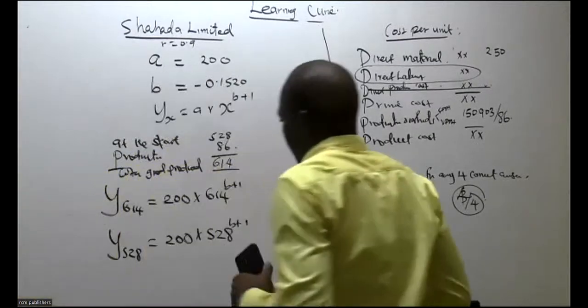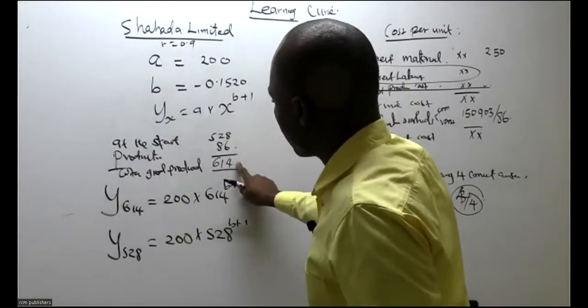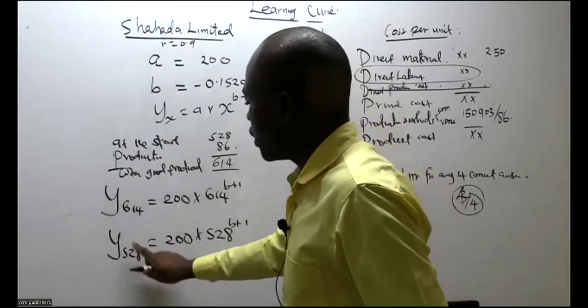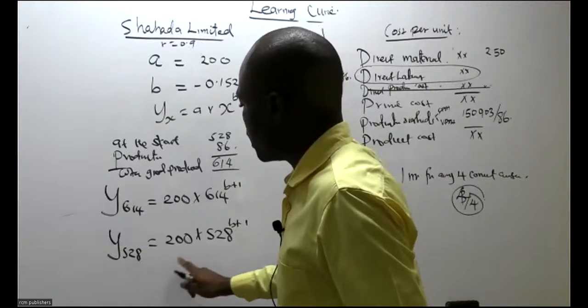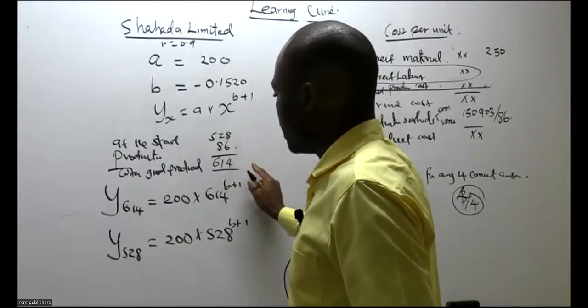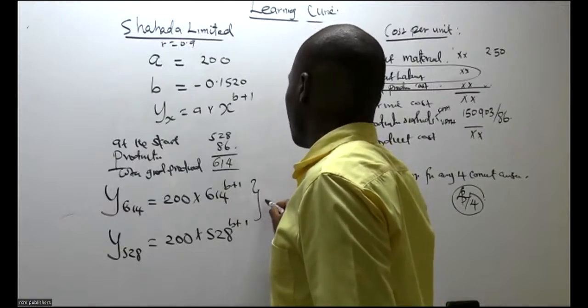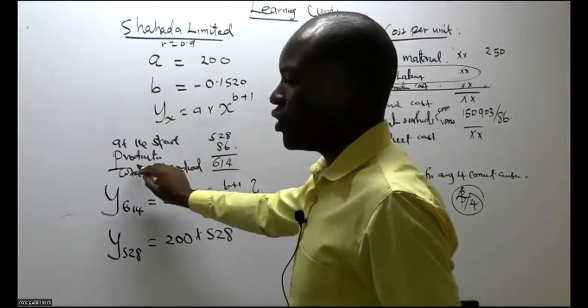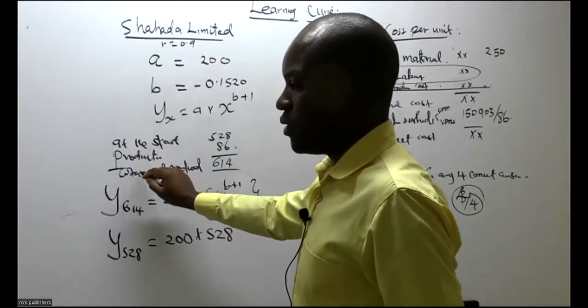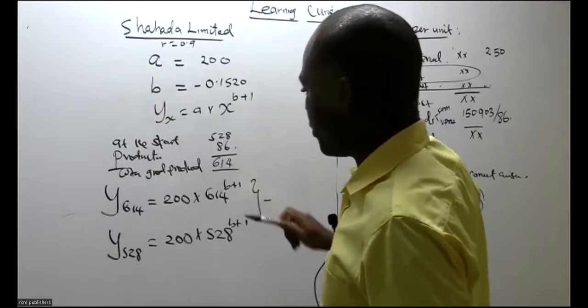If I get the time taken to produce the first 614, less the time taken to produce the first 528, what will be that answer? It will be representing the difference between these two. The difference between these two will be the time taken to produce how many units?